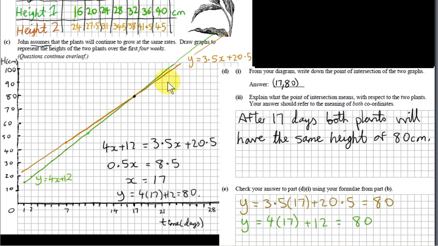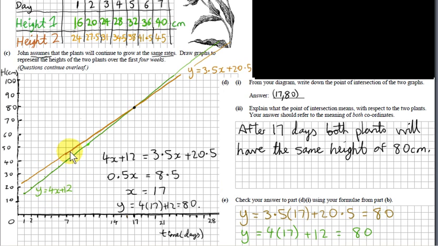However, there's no guarantee that the plants are going to keep growing at the same rates. It's not guaranteed. They might do so for the first 7 days. It's quite possible that the graph for the height of the second plant might do something different, or might not follow a line, might follow some sort of a curve. It's quite possible that the growth rate might slow down.